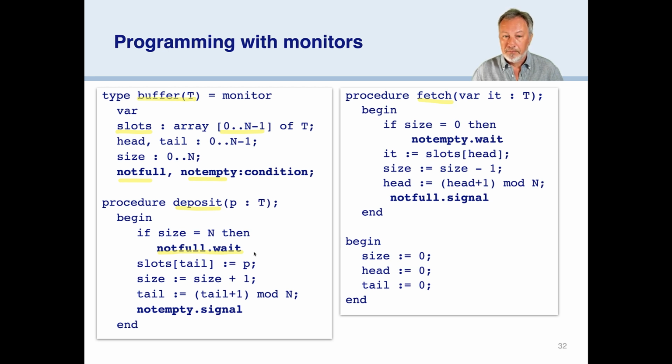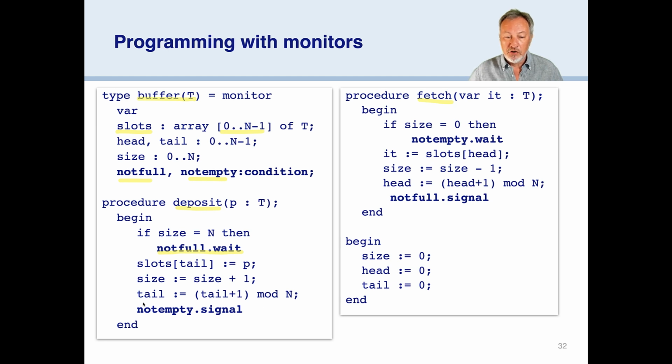If it's full, then we will wait until it is not full. Once the condition passes, that means that the size is no longer equal to n, and we can do our work.